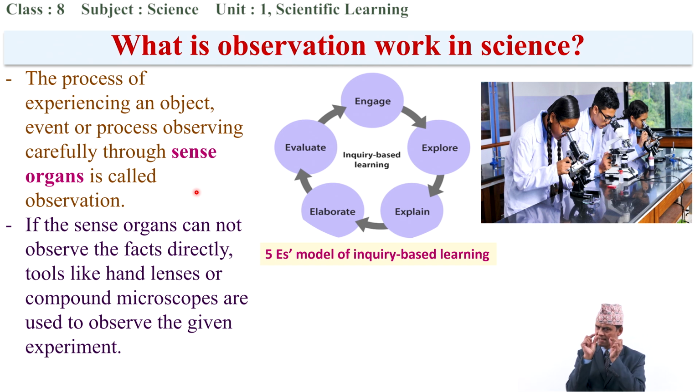If our eyes cannot see a tiny object, then what can we do? We can use an alternative method, that is tools. Tools like a hand lens or microscope, compound microscope are used to observe the given experiment, isn't it? So, this is the observation work.